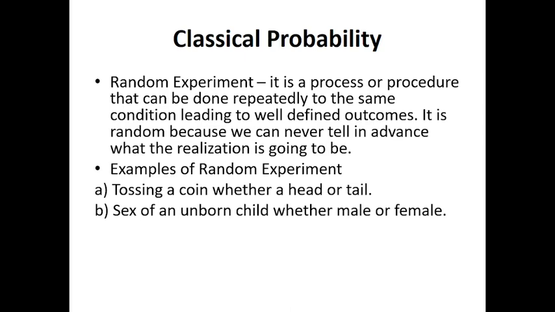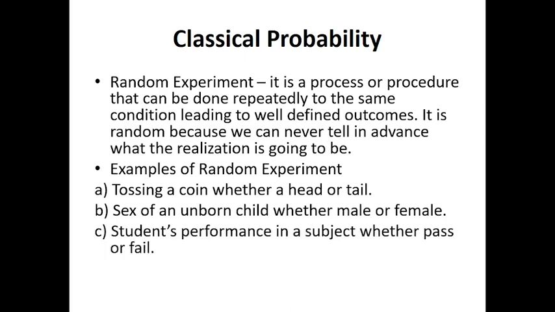And then we have also students' performance in a subject, whether pass or fail. Students' performance in a subject is the procedure or process, and pass or fail are the possible outcomes.